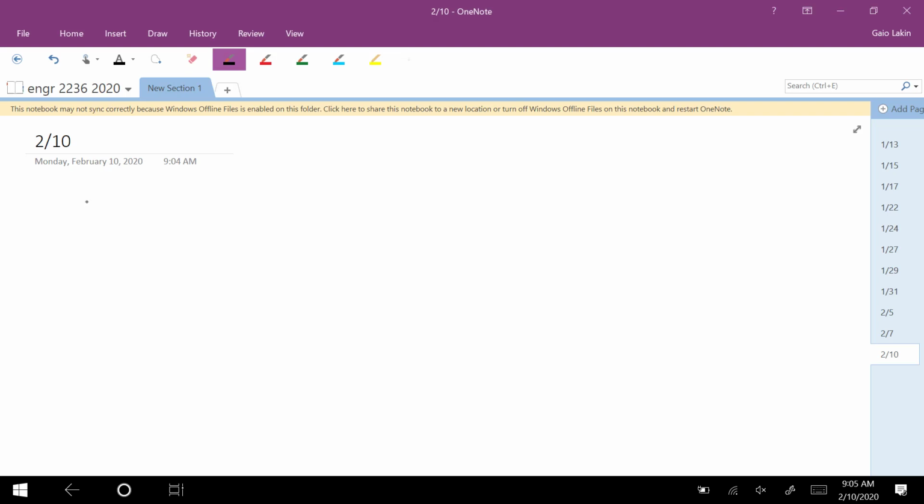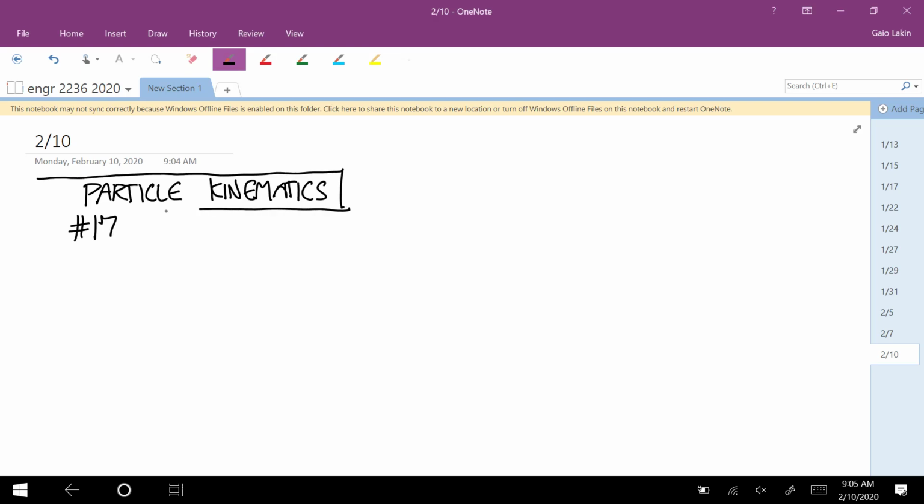Okay, so particle kinematics, 17. So it's a bicycle moving with a constant speed of 8.8 meters per second.